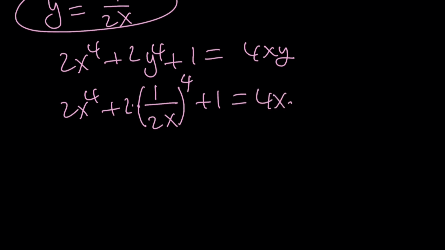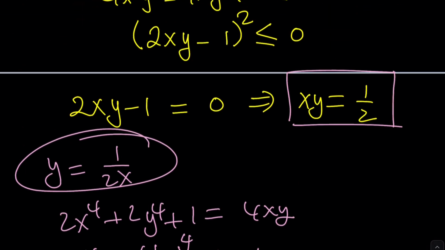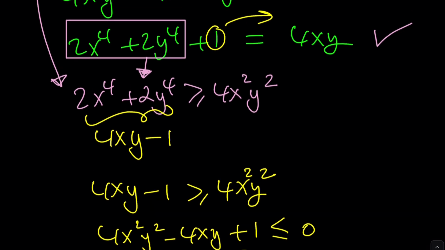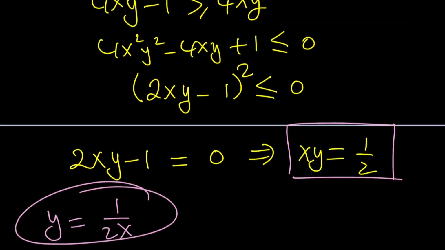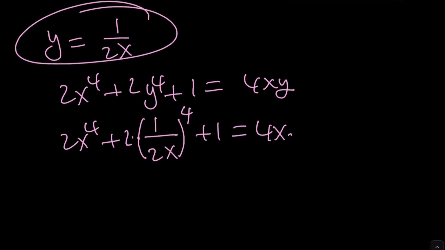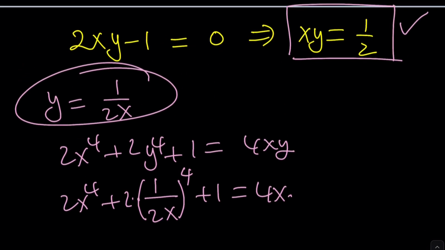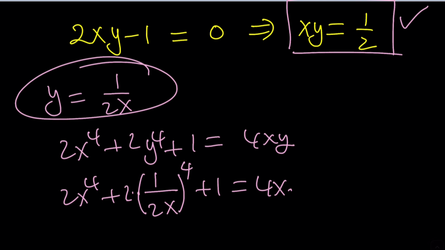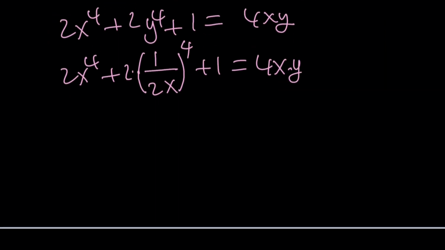By the way, if you already know that xy is equal to 1/2, that should be easy, right? So we're going to go ahead and just replace xy with 1/2. So it's just going to be 1/2 here. 4 times 1/2, that's going to be a 2.